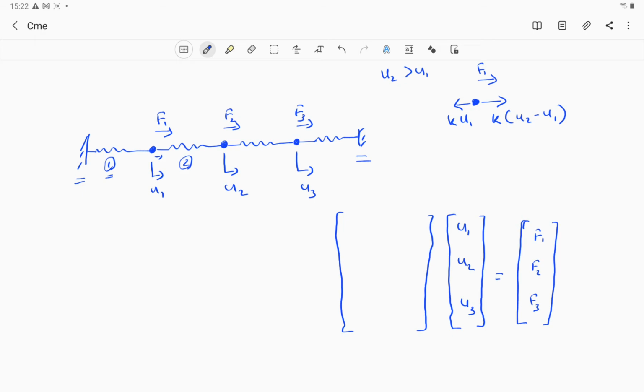So these are all the forces being applied. Now let's use the equilibrium equation. Let me take K as common.